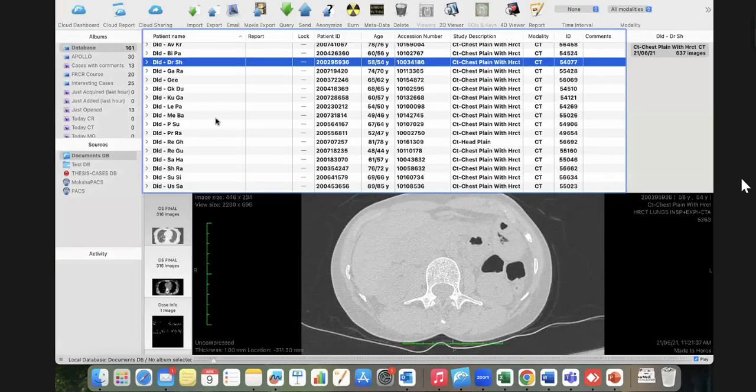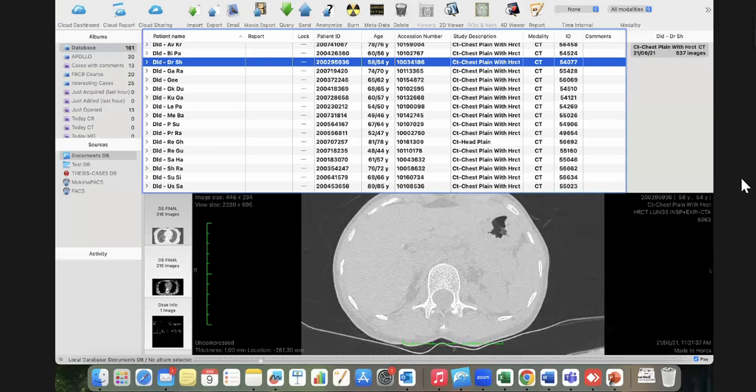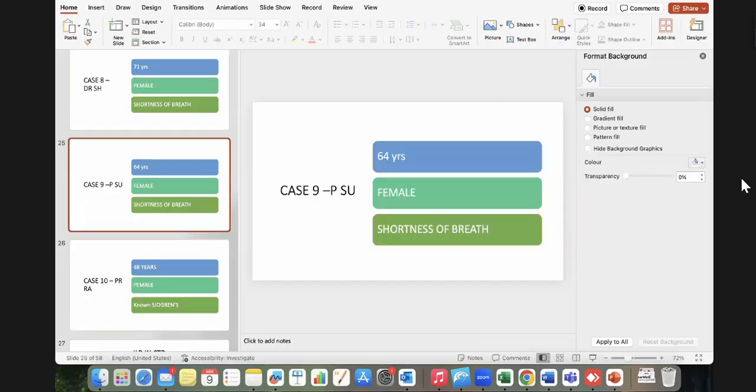Next case is a 64-year-old lady, shortness of breath.